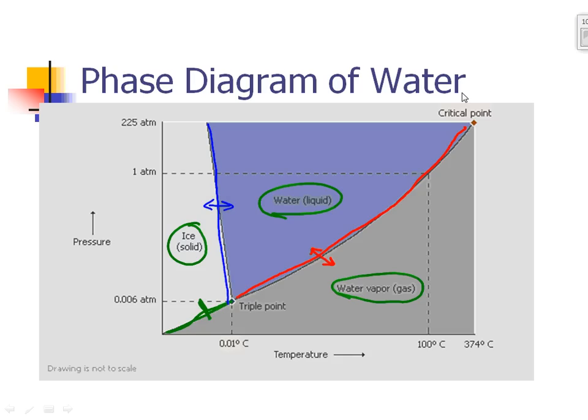And we have to take into consideration temperature, which is probably the one that's the most common to us, and then pressure along this axis. So if I am at 1 atm and 100 degrees Celsius, right here is where water boils, or water turns back into a liquid.